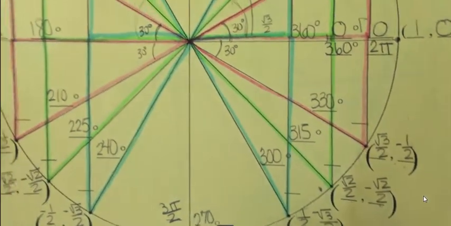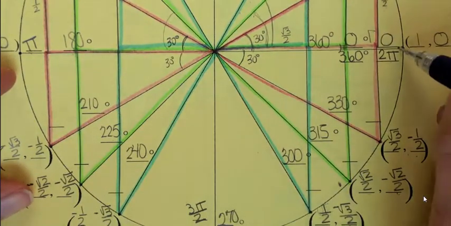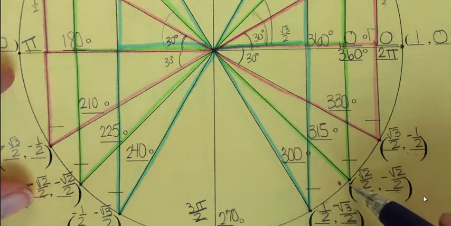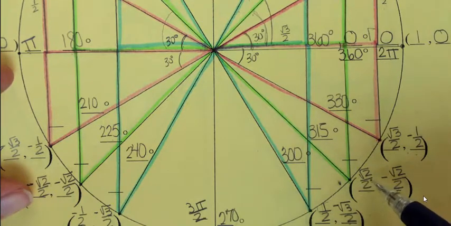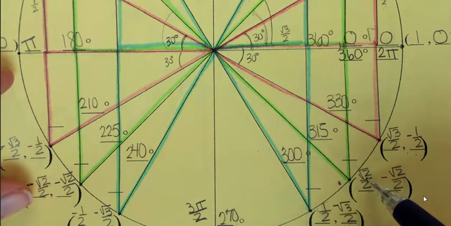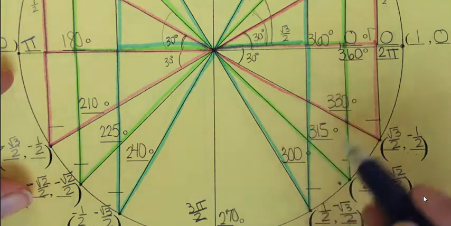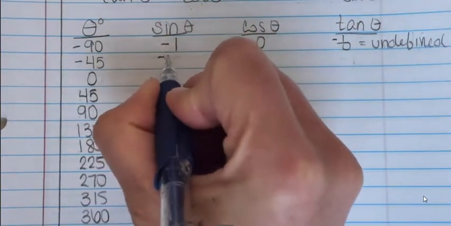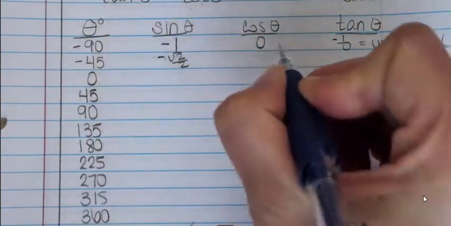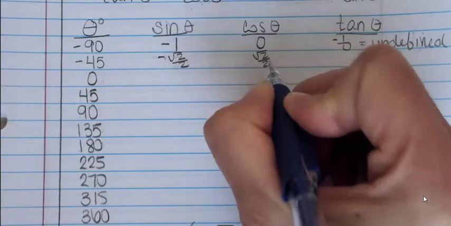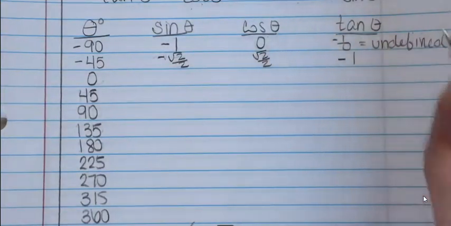Going to negative 45 degrees is actually the same thing as 315 degrees. And these were the special right triangles, 45, 45, 90. So we know that our legs are both root 2 over 2, but the sine value, because we're in the fourth quadrant, is going to be negative. Dividing those two, I end up with negative 1.